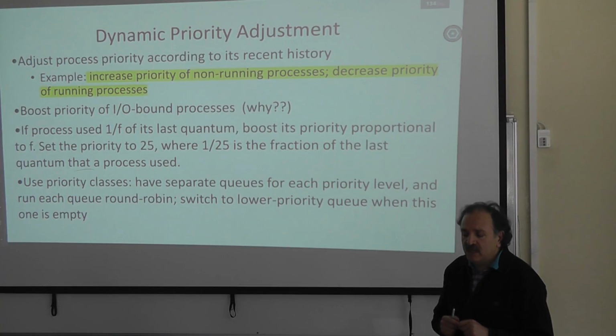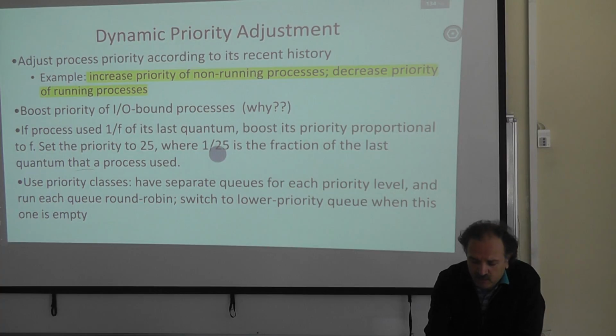But if I use the whole quantum, what would be the priority? If I use 1/25 of my quantum, my priority will be 25.